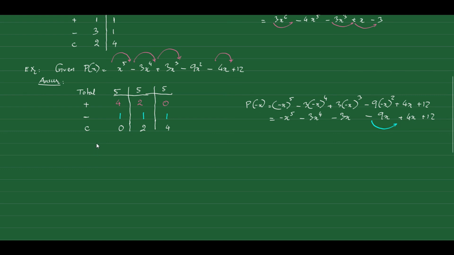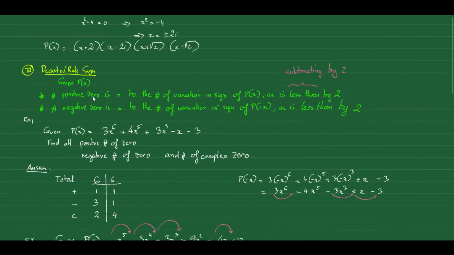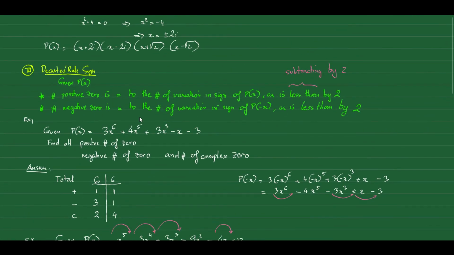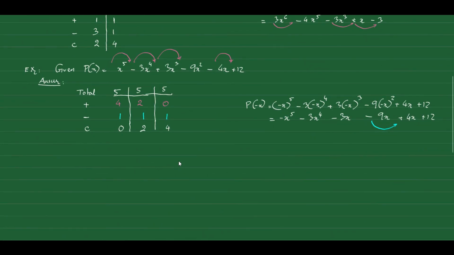But the complex one in the fundamental theorem of algebra could be everything. You know, unreal, real, irrational, rational. It could be everything. So you have to be careful with that.